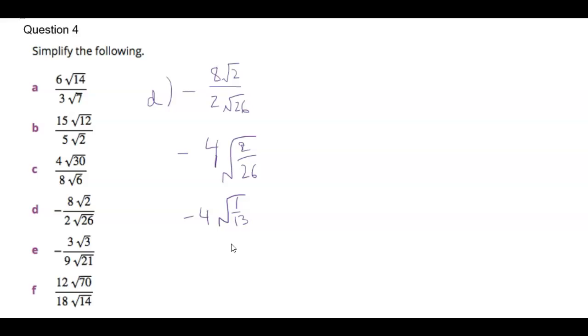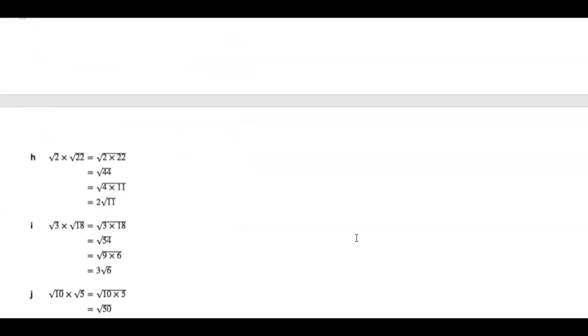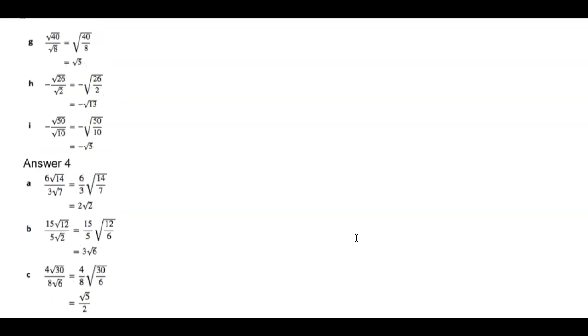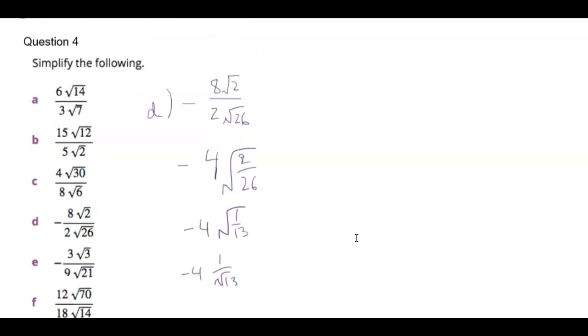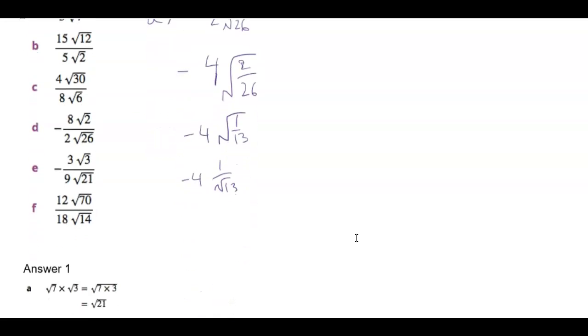The thing is, the square root of 1 is just 1. So I'm wondering if it's going to leave the answer as this. Let's just have a quick look. So 4D, wasn't it? Oh no, it hasn't. Just left it as a square root of 1 over 13. Sometimes interesting with these questions because, and you'll find when we do the next chapter, we don't usually leave the denominator as a square root.